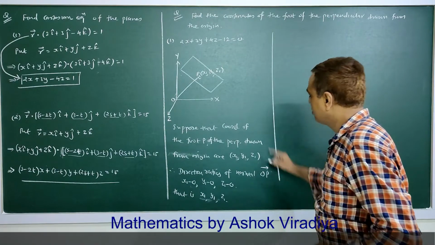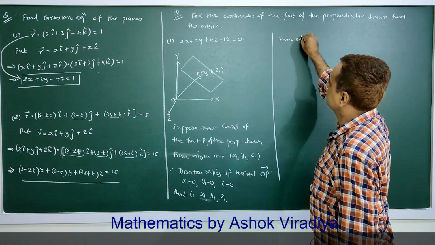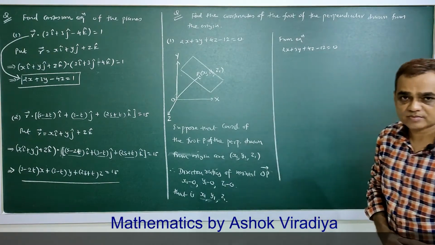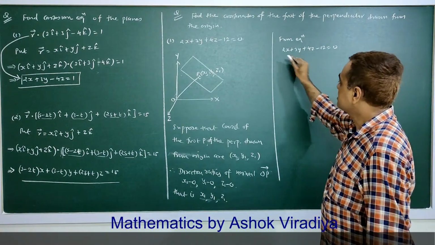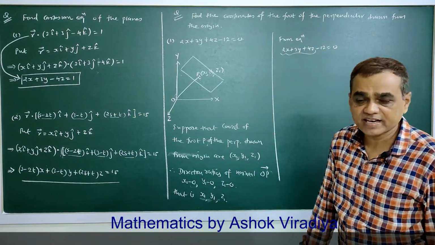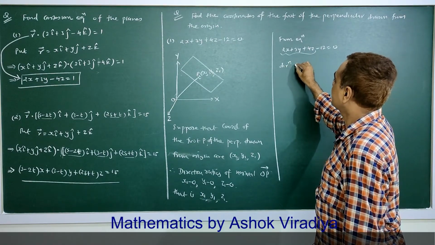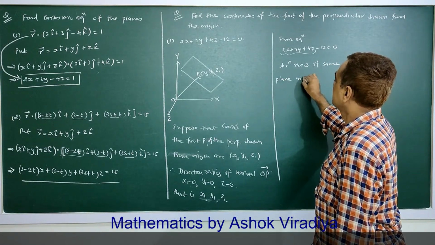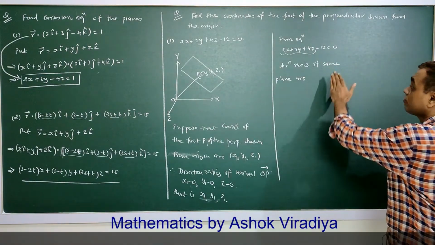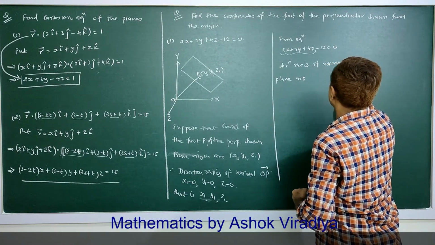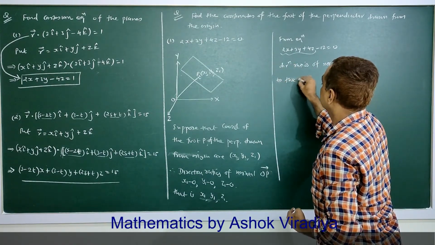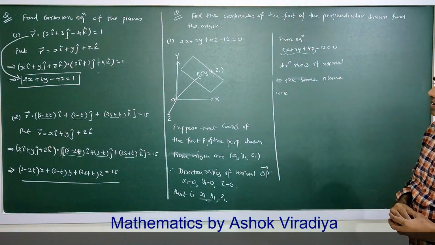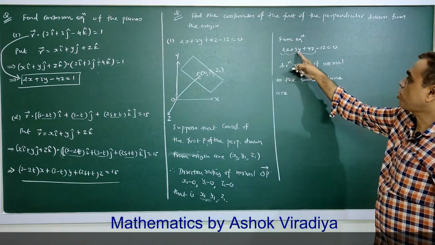Now from the equation 2x plus 3y plus 4z minus 12 equal to 0, observing the coefficients of x, y, z, we can say that the direction ratios of the normal to the same plane are 2, 3, 4.